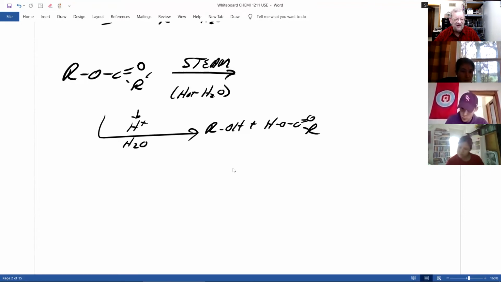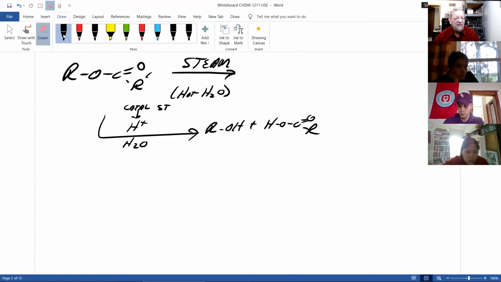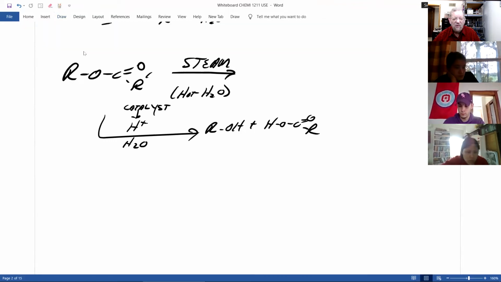Instead of using an acid catalyst, we use hot water, and the heat makes it go fast, so you don't need a catalyst. And guess what? You get the same thing.